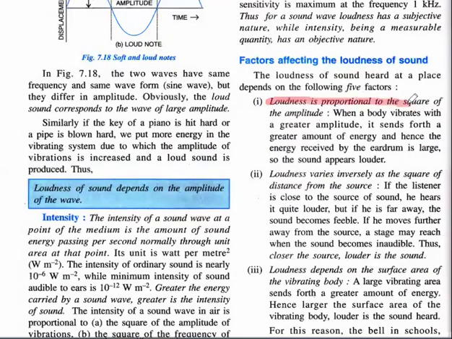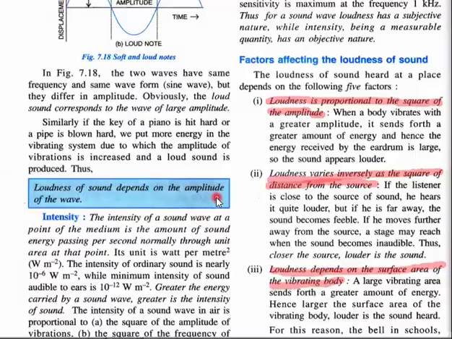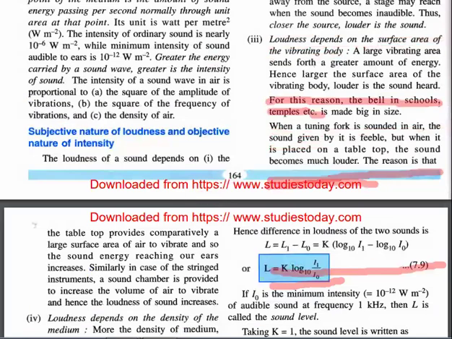Loudness is proportional to the square of the amplitude. Loudness varies inversely as a square of the distance from the source. Loudness depends on the surface area of the vibrating body.